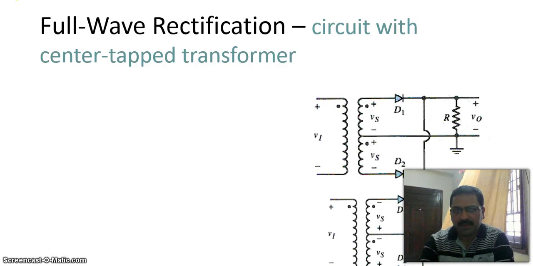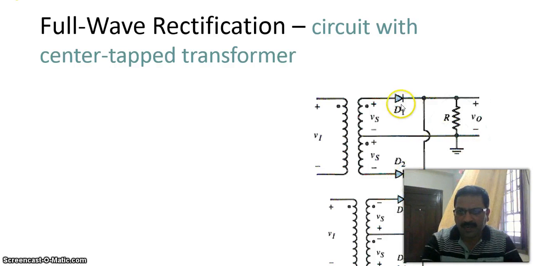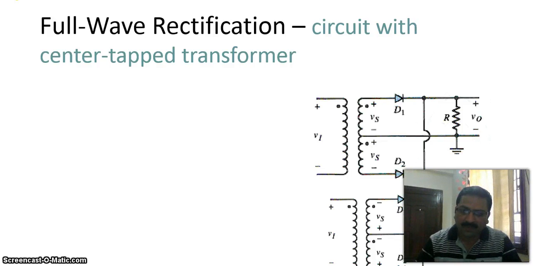In the center tapped connection, we are using two diodes, D1 and D2, and the connection is made in such a way that D1 conducts in the positive half cycle, and for D2 the negative half cycle appears as a positive voltage, and it will conduct.